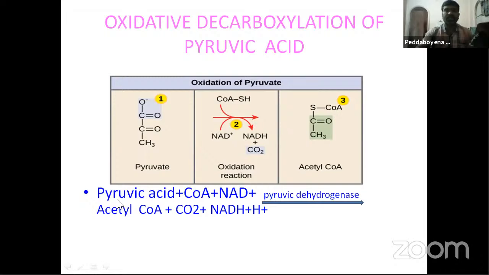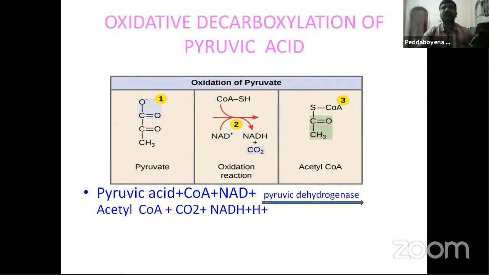So understand better: the three carbons of pyruvic acid are converted into the two carbons of acetyl coenzyme A in the presence of pyruvic dehydrogenase. This represents the second stage of aerobic respiration and occurs in the mitochondrial matrix.